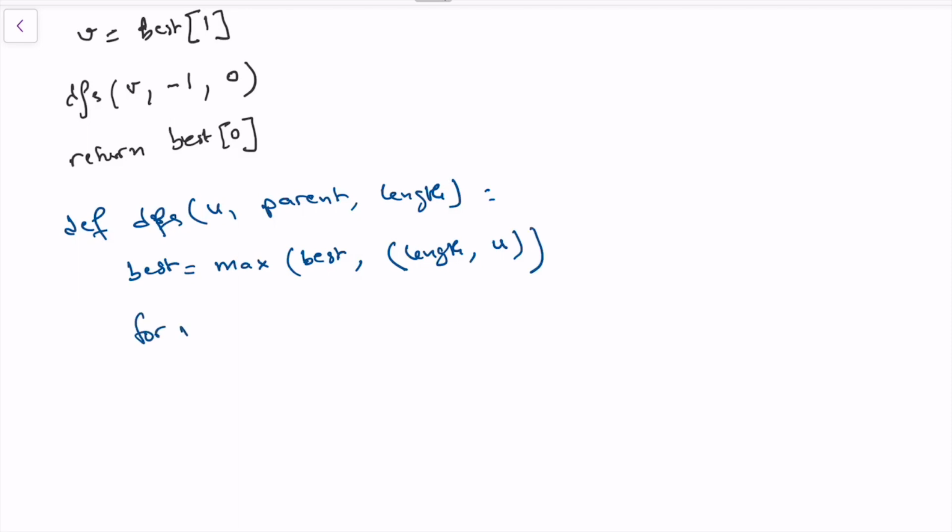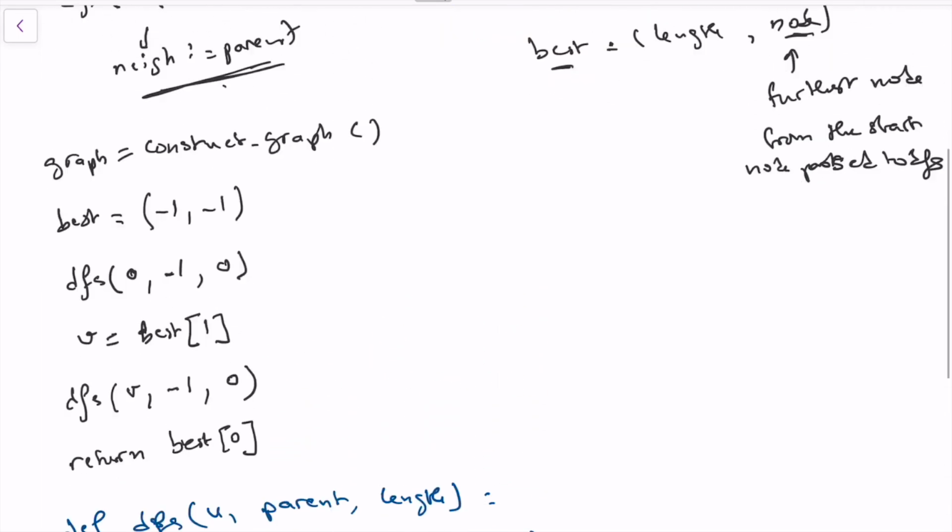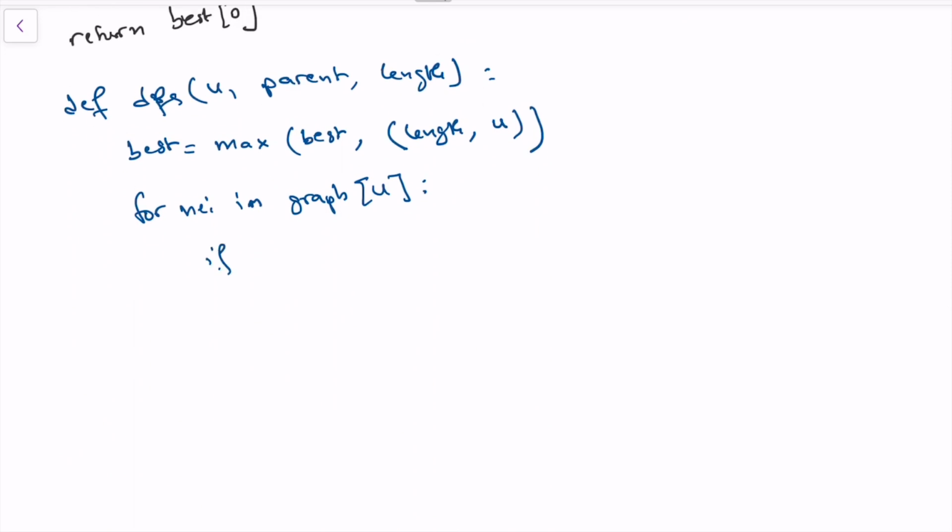And then for each neighbor, so we'll go through all the neighbors of u, the node, just normal DFS, and then we will do our check here to make sure we are not going through the parent again. And after that we will run DFS again. The first parameter is the neighbor, and then what is the parent of this neighbor? It's u, right? So we go from u, we go through its neighbors, so u is the parent.